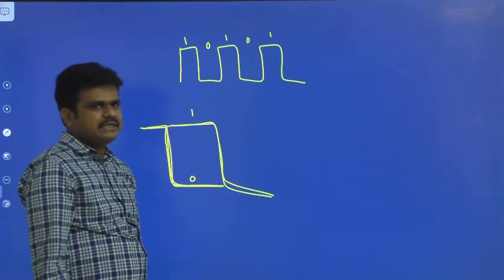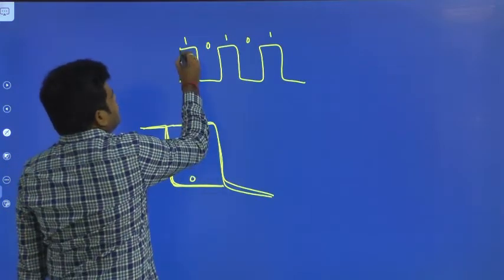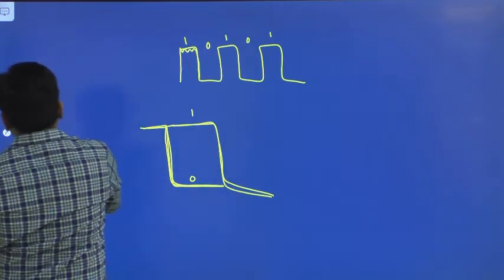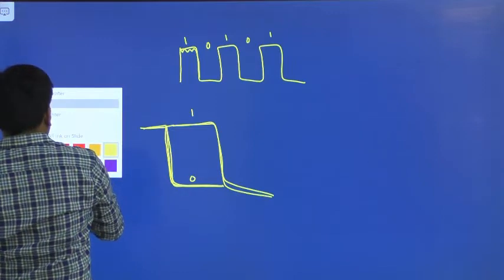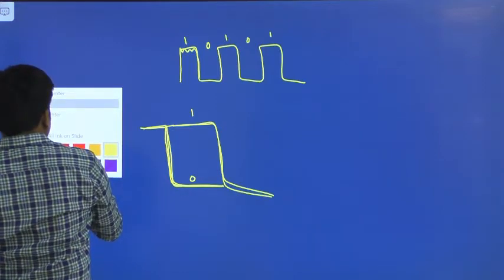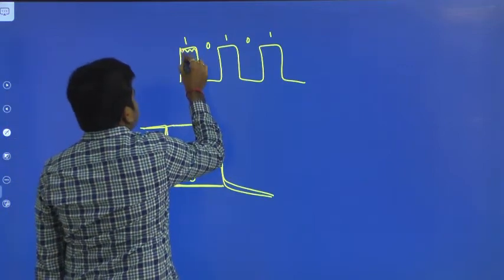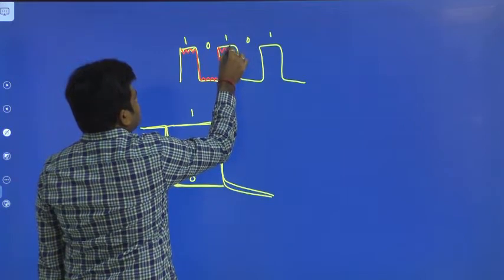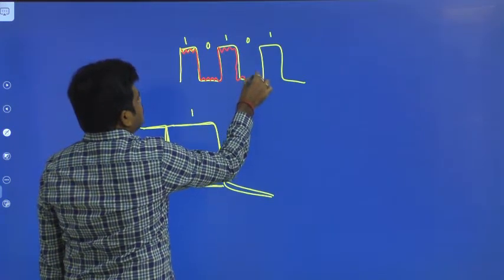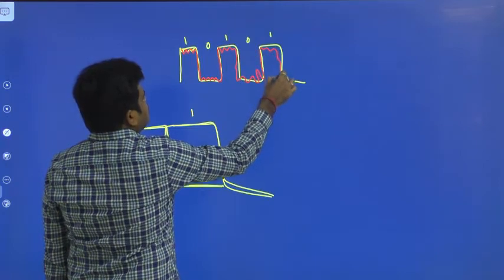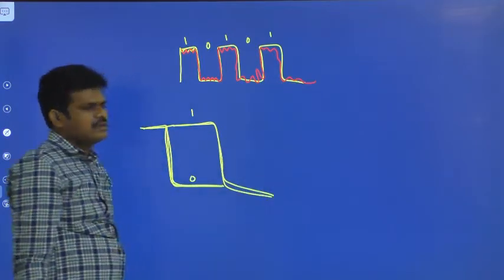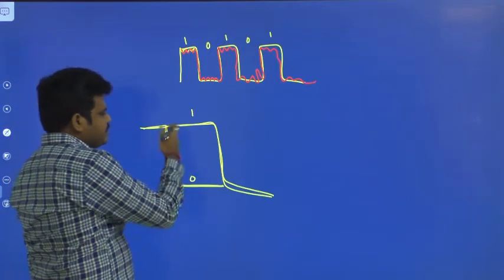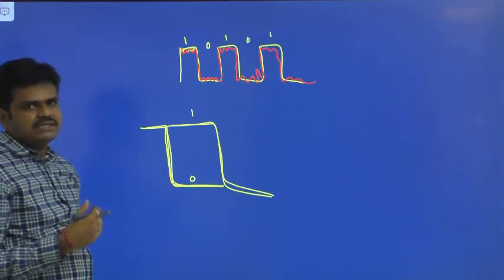But practically, at the receiver, there may exist a distortion in the bits. I can show you. Actually we need to get a figure like this when the ones and zeros are overlapped.